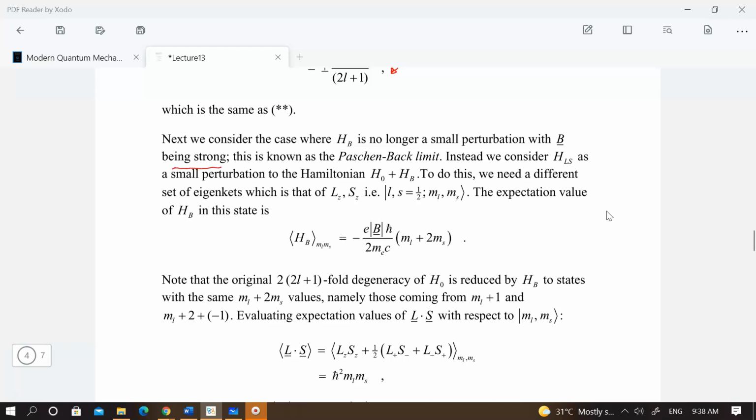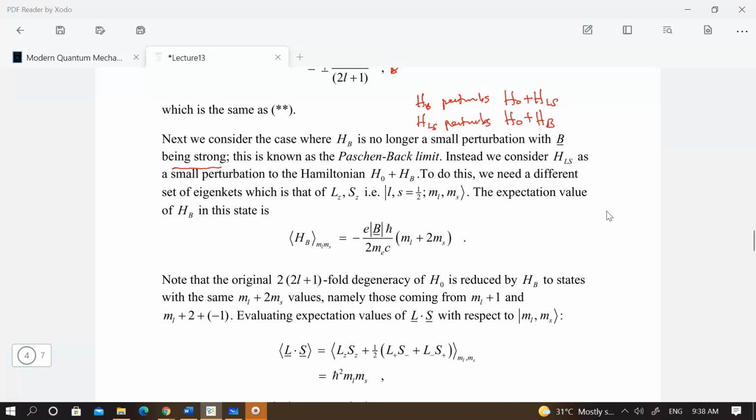So B is significantly large, and what we need to do now, instead of HB perturbing H naught plus HLS, is to have HLS perturb H naught plus HB.